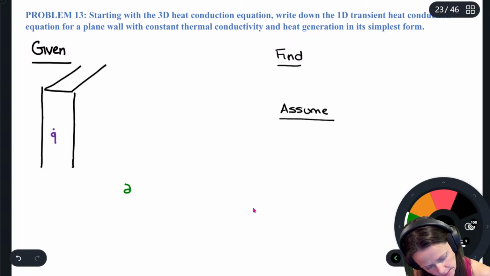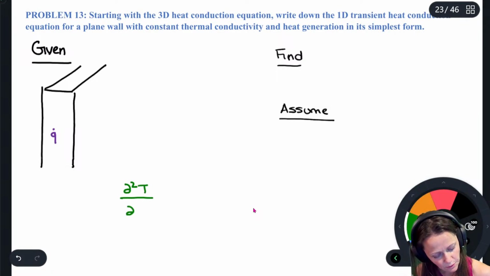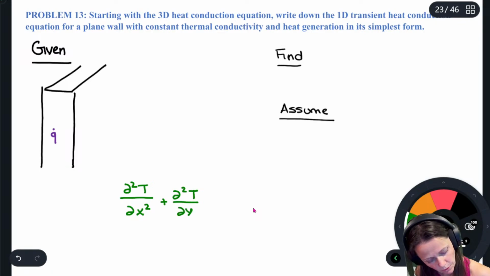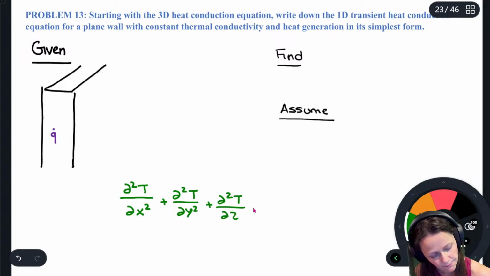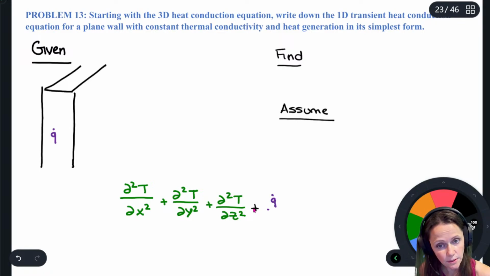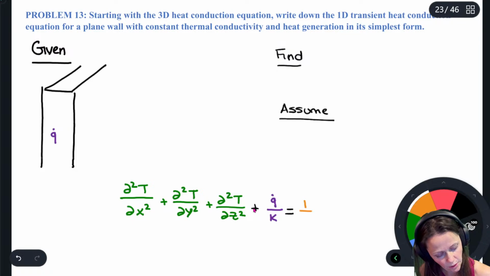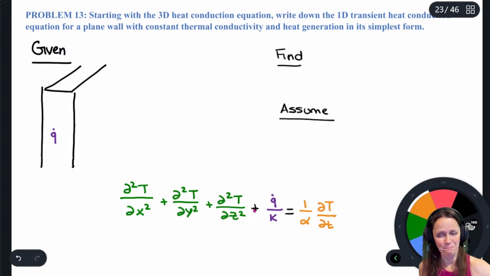So writing down our equation here. We have the second partial derivative of temperature with respect to x, with respect to y, and with respect to z, plus q dot over k, and that's going to be equal to one over the thermal diffusivity times the partial derivative of temperature with respect to time.